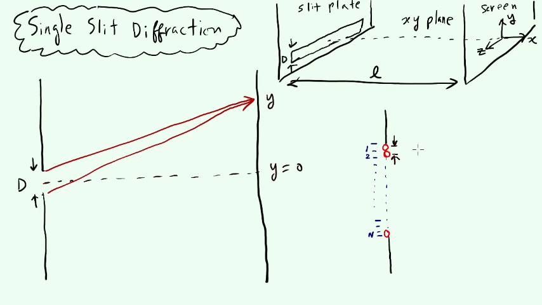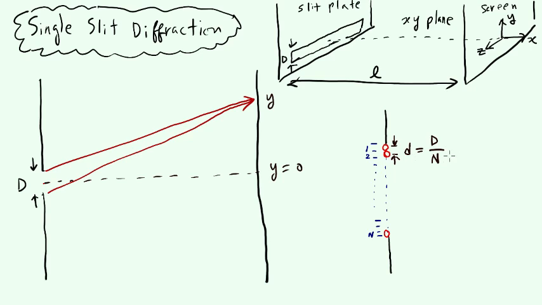That's clearly the same as the distance from top of that red circle to the top of the second red circle. And because we have divided the opening into n pieces, the d here is now capital D divided by capital N.